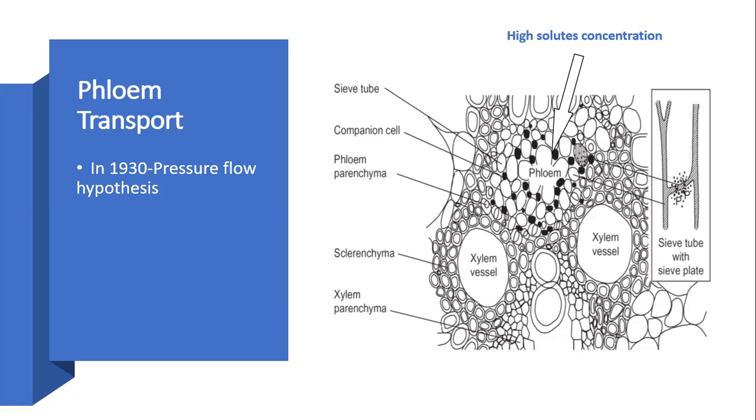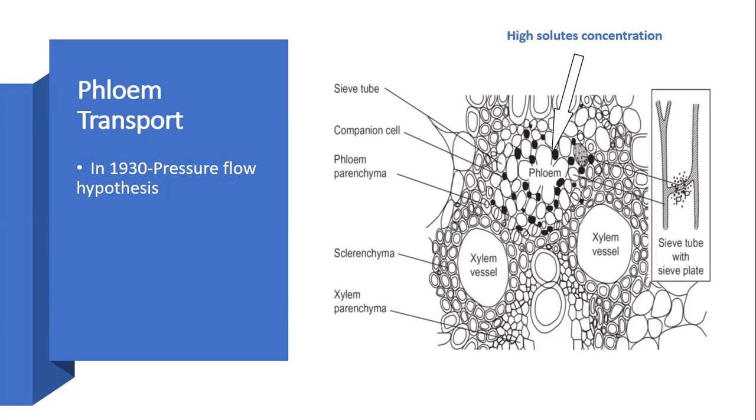As we know, the movement of sap or ions in the xylem depends on the root pressure and the transpiration rate. In phloem transport, it depends on the pressure flow hypothesis.